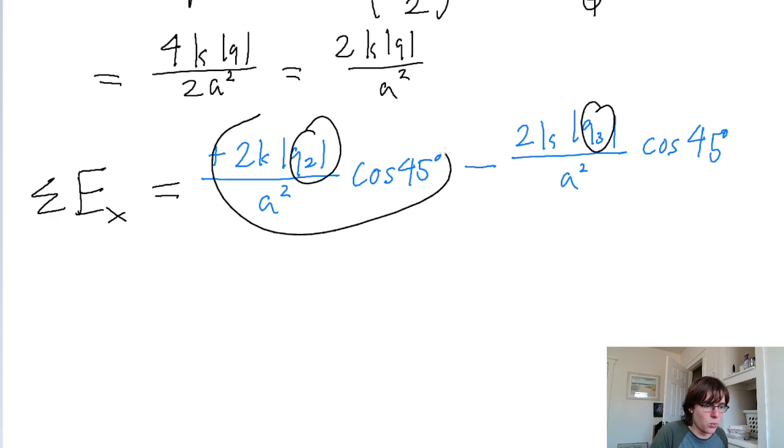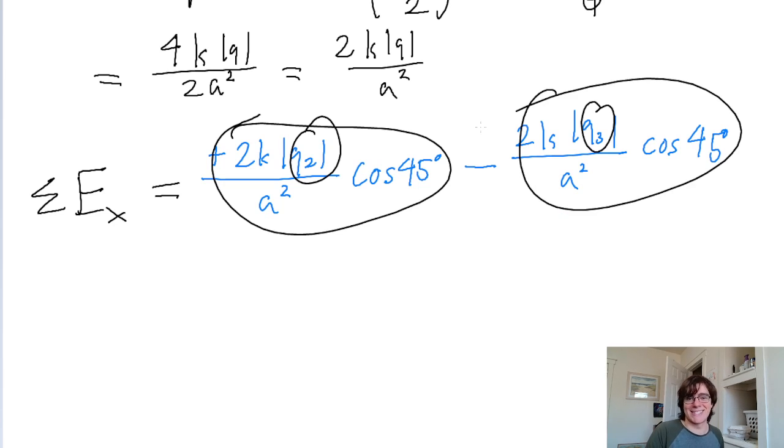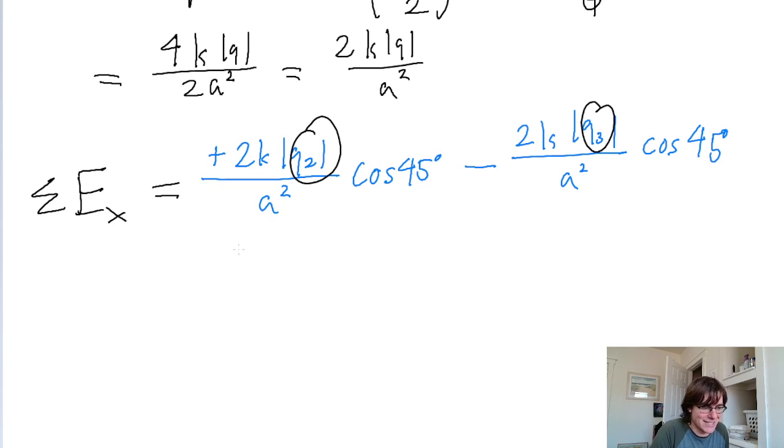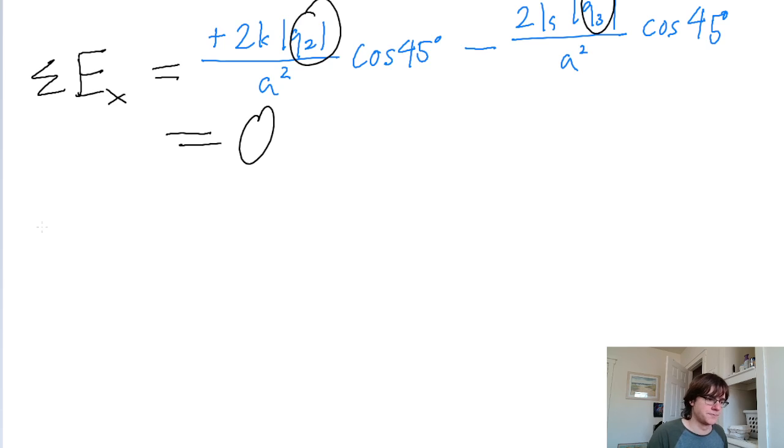So we're subtracting one thing by the exact same thing. So they're just canceling out entirely, and this whole thing goes to 0. So the horizontal component, the x component of the net electric field, is 0. So we don't even have to worry about the x component when writing our final answer. So that's cool. Now let's do the same thing for the y component.